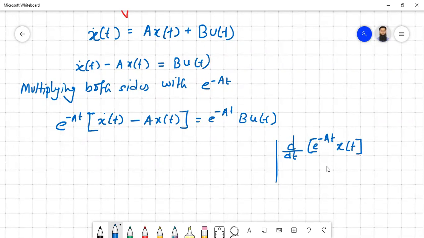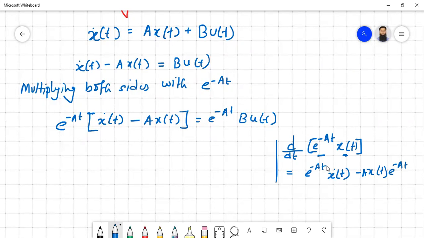If you find the time derivative of this one, then if you take the first parameter as a constant, it will be e to the power minus A t x dot t. And if you now take this one as constant, it will give you x t times minus A, and also e to the minus A t.